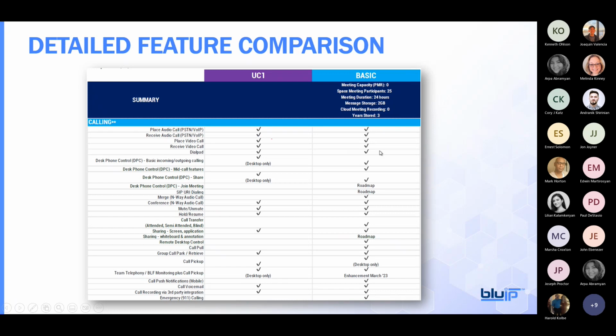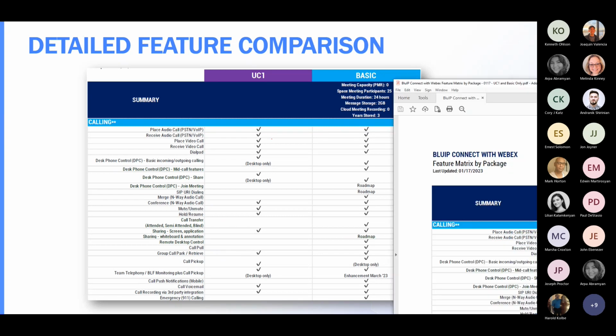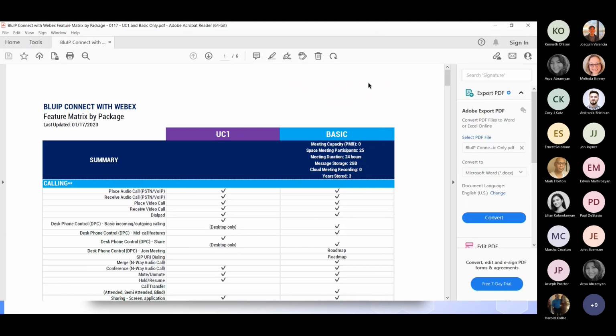All right. Here is a quick detailed feature comparison. Now, if you guys have UC1 already, when we migrate you, you will automatically have the basic package, okay? The BluIP Connect with WebEx basic package. And I forgot how many rows are on here. This is just a snippet of everything, but I'm going to show you this PDF file.